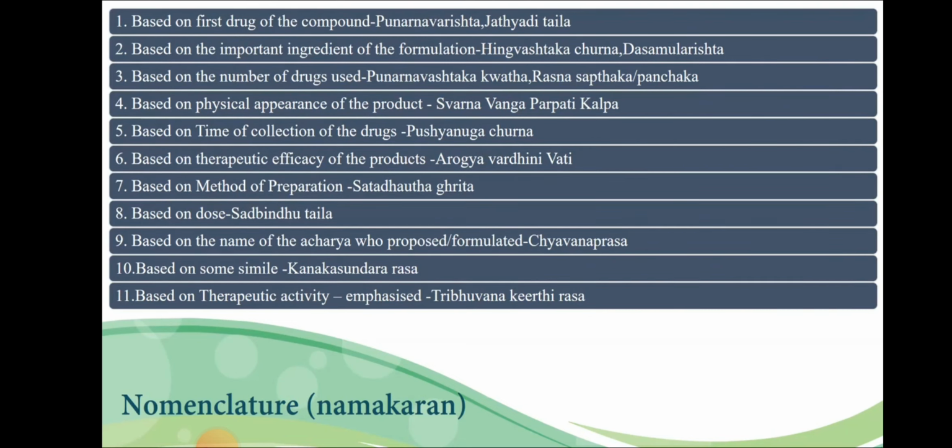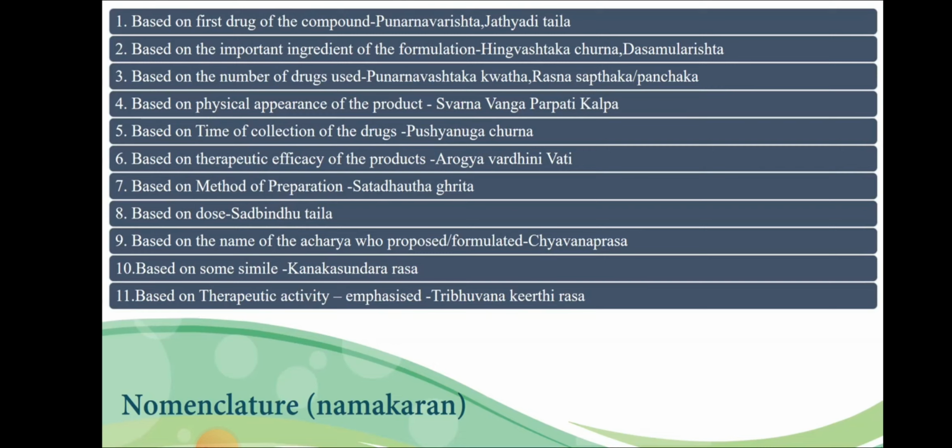Based on the name of the Acharya who proposed the formulation, that is Chyavanaprasha, as well as Agastya Rasayana. Those are the examples of the formulations which are named or known by the formulator. Based on some similes, Kanaka Sundara Rasa.